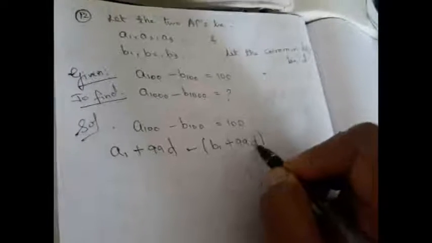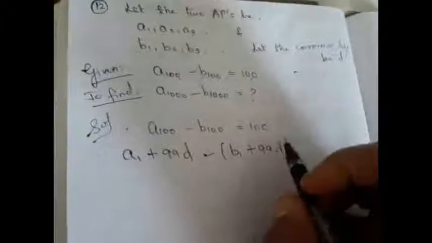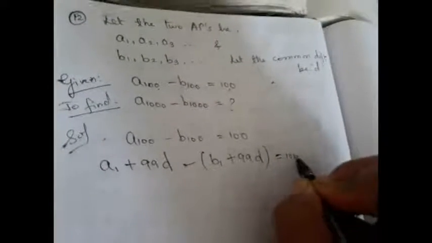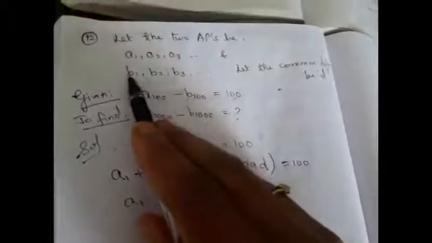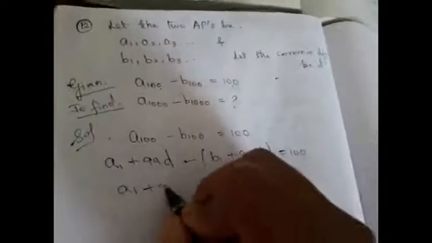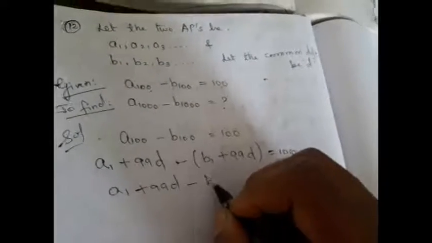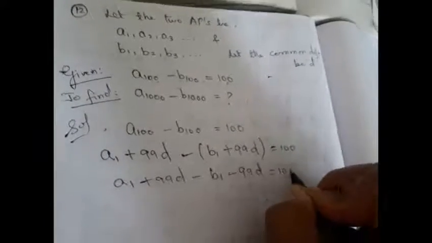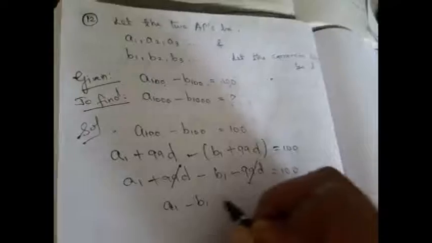This is also going to be d because they have the same common difference, which we have assumed as d, equals 100. The first term of the first AP is A1, the first term of the second AP is B1. So plus 99d minus B1, plus into minus becomes minus 99d, equal to 100. So 99d will get cancelled. A1 minus B1 equals 100. Mark this as 1.